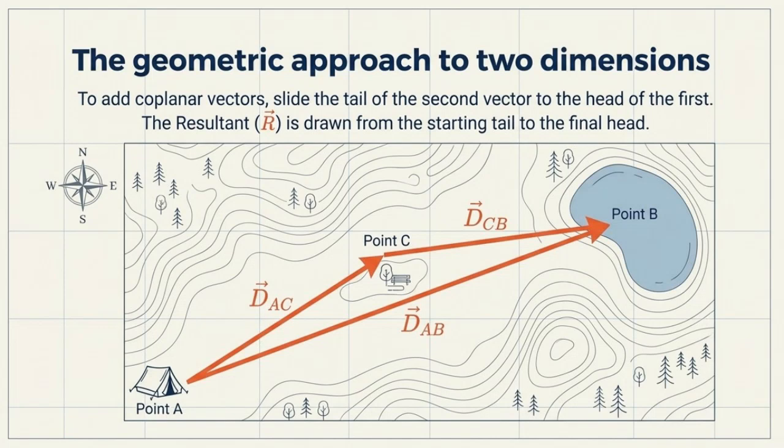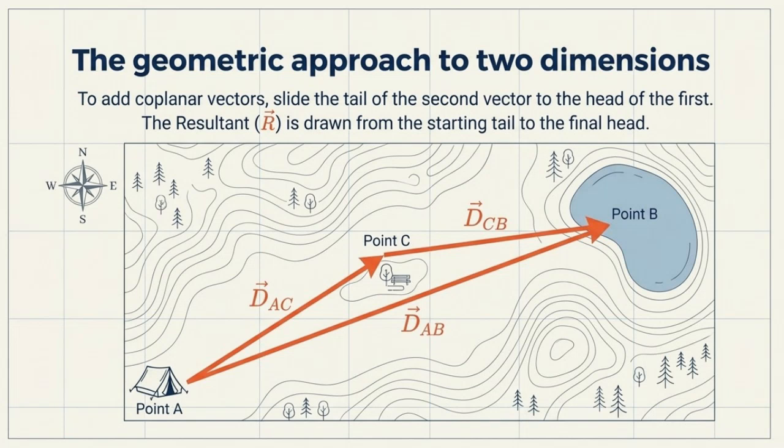Let's continue by looking at the geometric approach to adding vectors in 2 dimensions. When you add 2 coplanar vectors, you place the tail of the second vector at the head of the first one. The resultant vector is then drawn from the starting point of the first vector's tail to the endpoint of the second vector's head. For example, starting at point A, you can go to point C along vector d_AC.